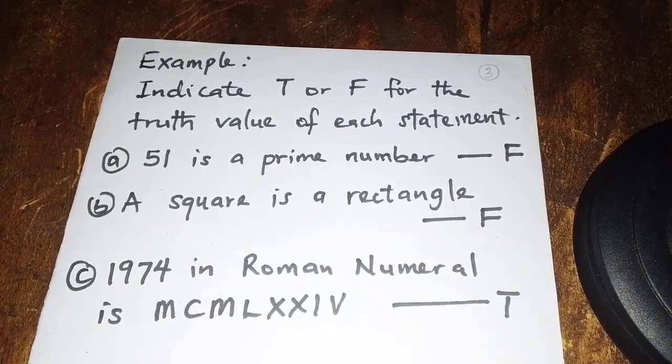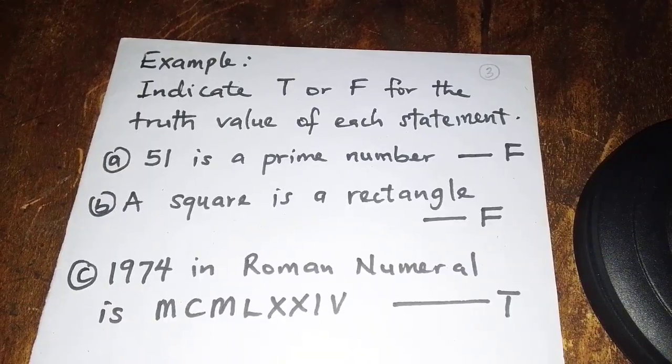1974 in Roman numerals is MCMLXXIV. Before you can really say that this is the real value of 1974, you must know how to write in Roman numerals.